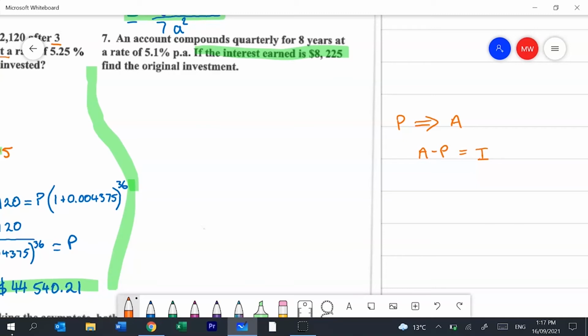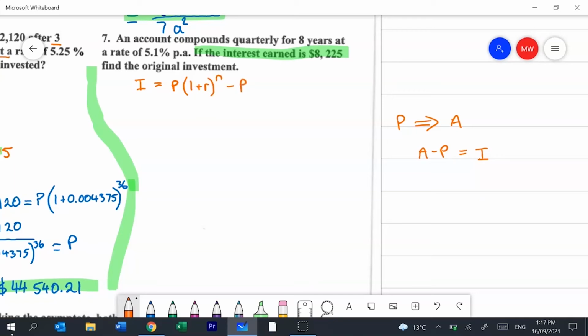So we're going to need to modify our formula a little bit. We might write it as the interest is going to be the account balance. So that's the formula that we've been using.